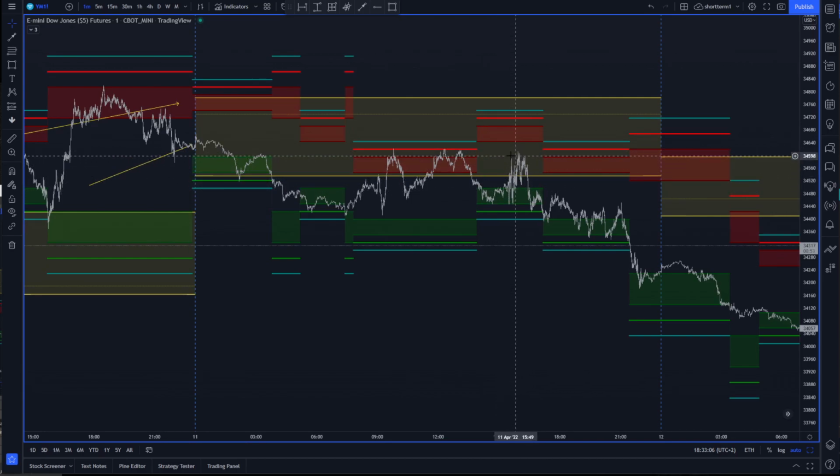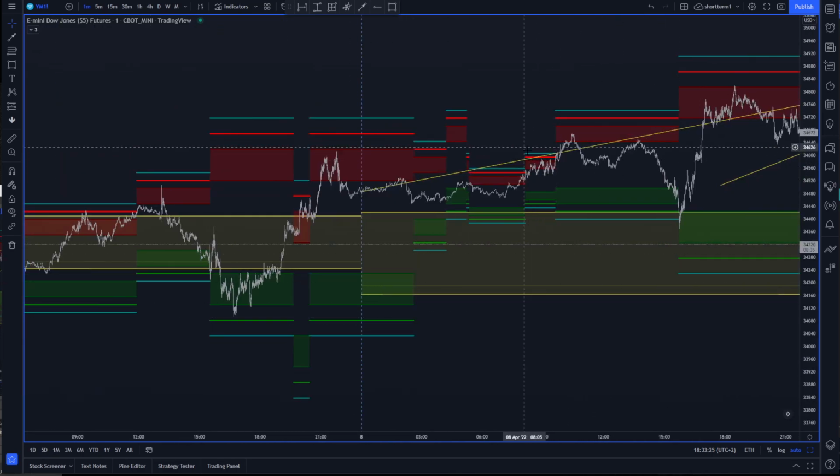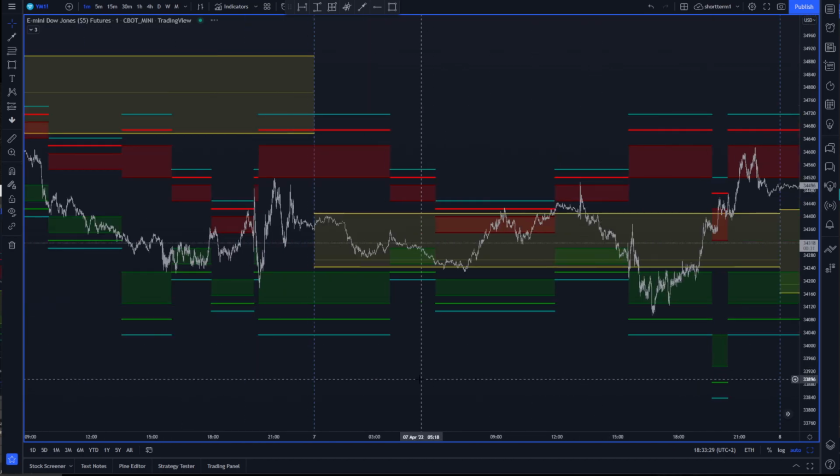It usually will get to these levels where you entered, or sometimes a bit even further. And usually this is a great setup for another trade in the same direction. Let me find, maybe I can find another example of that.